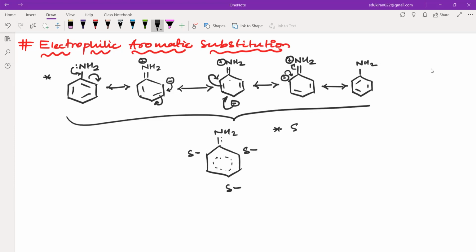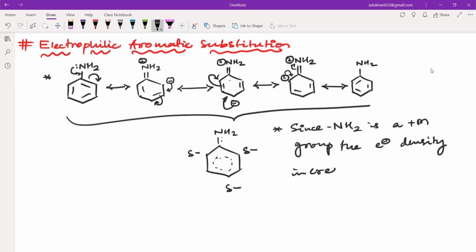Okay, so we can say since NH2 is a plus M group, the electron density increases at ortho and para positions.